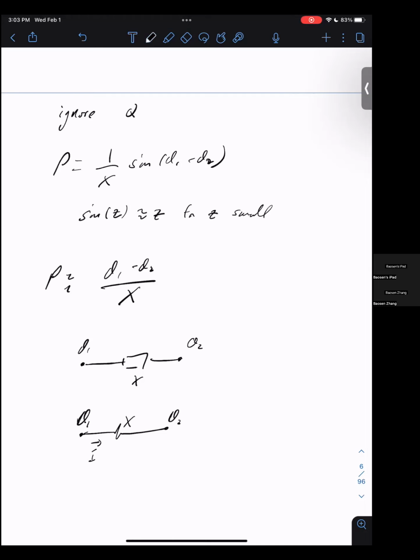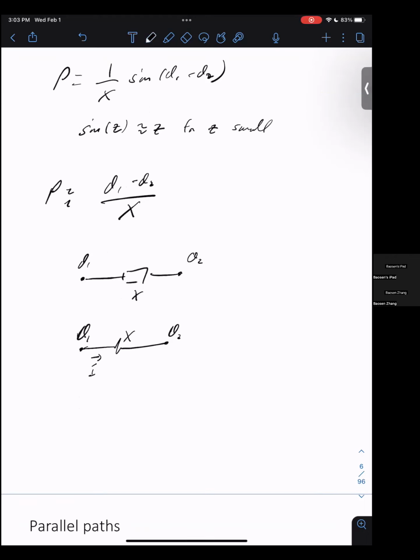So everything you learned about current dividers works. Power is divided exactly like current. Later we'll see this kind of division, with, let's say, two things in parallel.